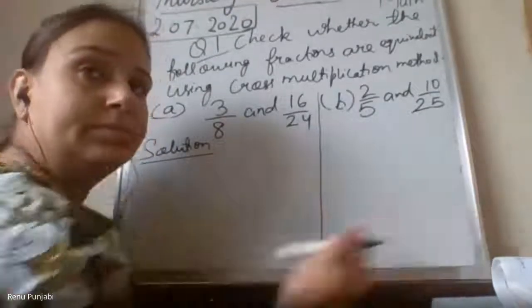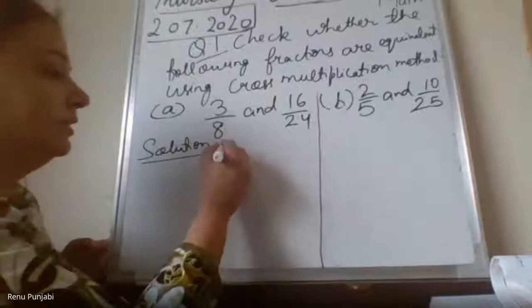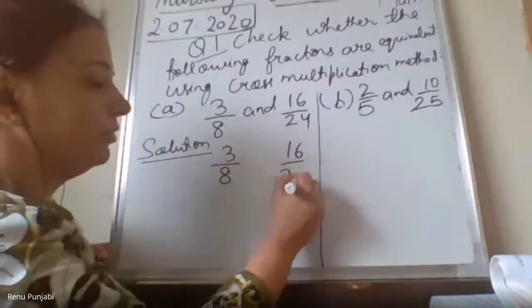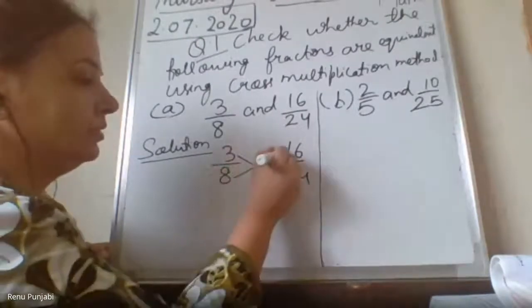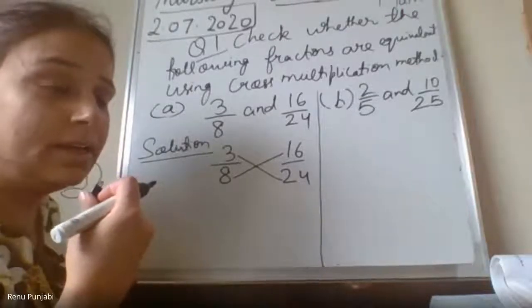A, is it equivalent? Let us check. 3 upon 8, 16 upon 24. Ma'am, from which page are you doing this?